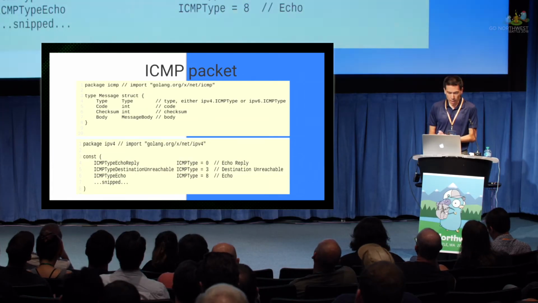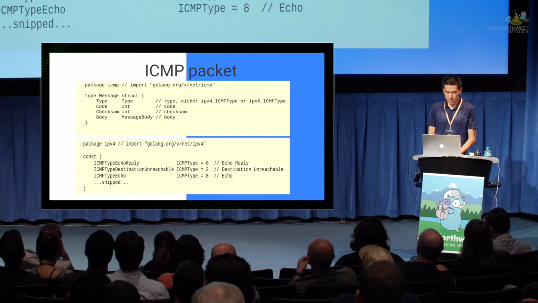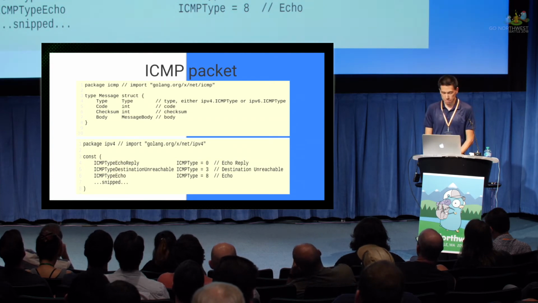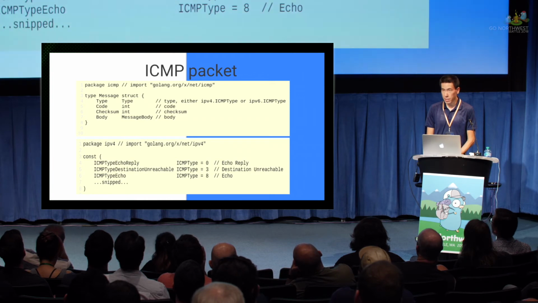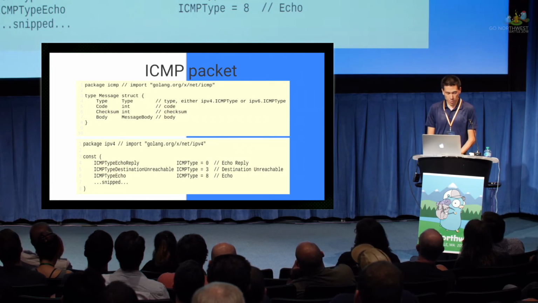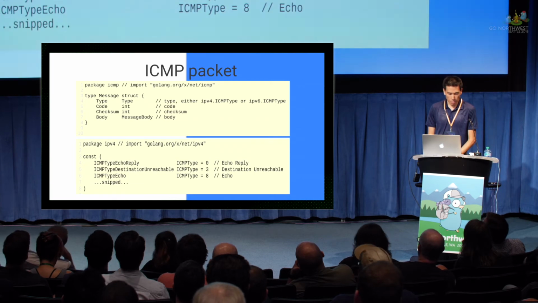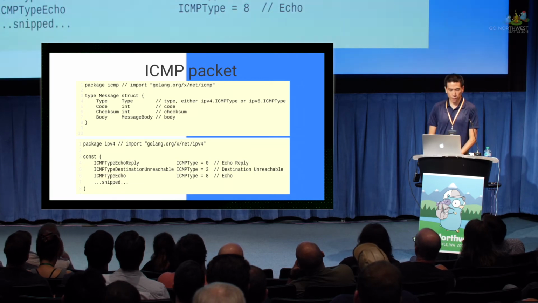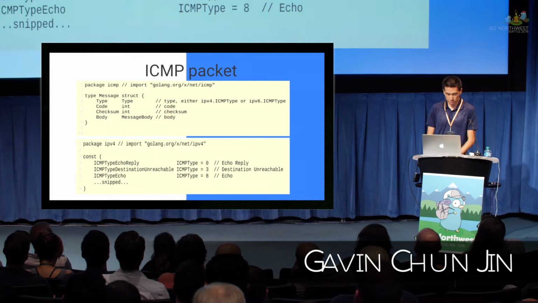And so I'm using the ICMP package that's provided in the Golang library. So you can see here, if you want to create the message for the ICMP packets, it's pretty simple.